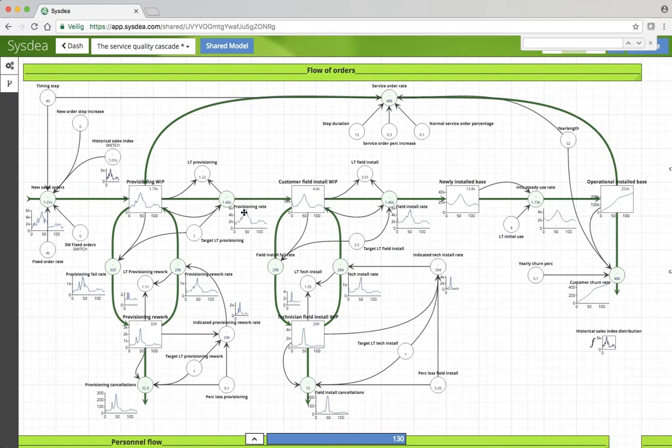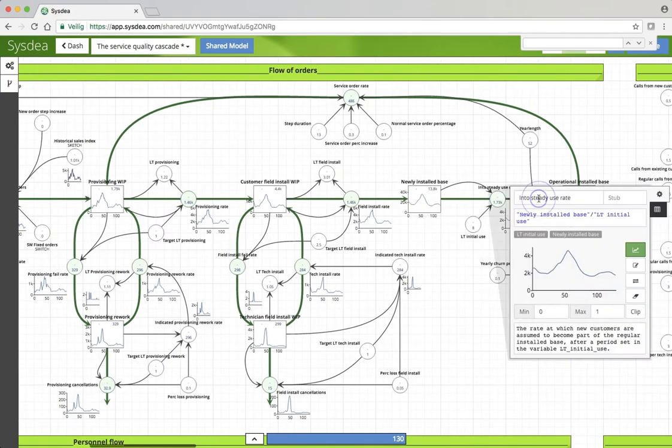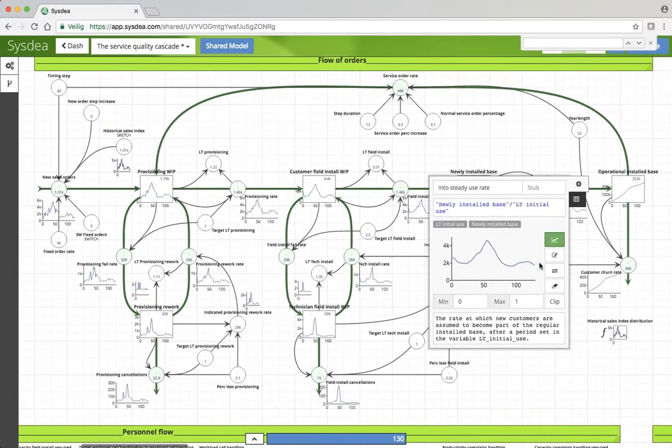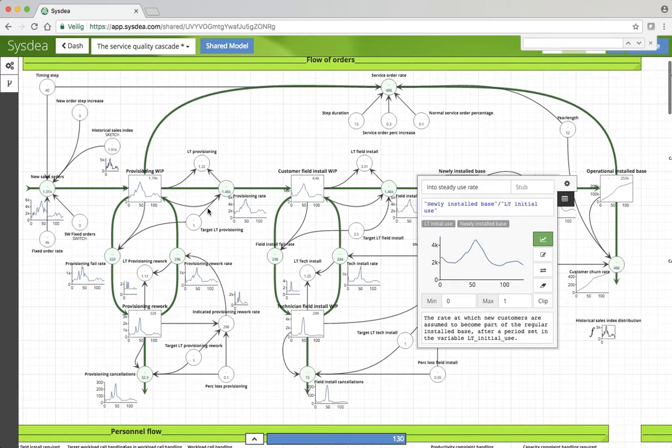The next stage of the happy flow, the sunny day scenario, is field install, which takes 2.5 weeks, and then we go into initial use. People are there for 8 weeks, and so what do we see in the install base? You see a smoothed version of the inflow, only delayed because of the lead times in the various stages: 1 week in provisioning, 2.5 weeks in field install, 8 weeks in initial use.